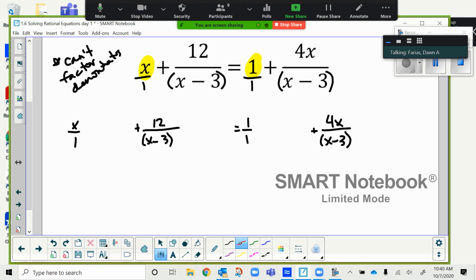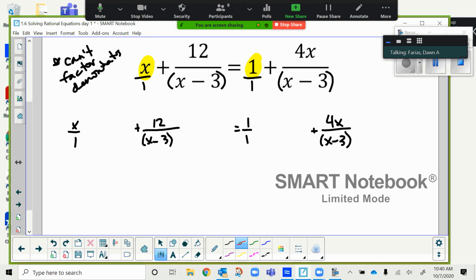So starting with the first fraction, the x over 1, I mean, I could say, how do we get rid of a denominator of 1? And then you could say, multiply everything by 1, but that's trivial. It doesn't make any difference. So we're not going to go through the trouble of multiplying everything by 1, right? It doesn't change anything.